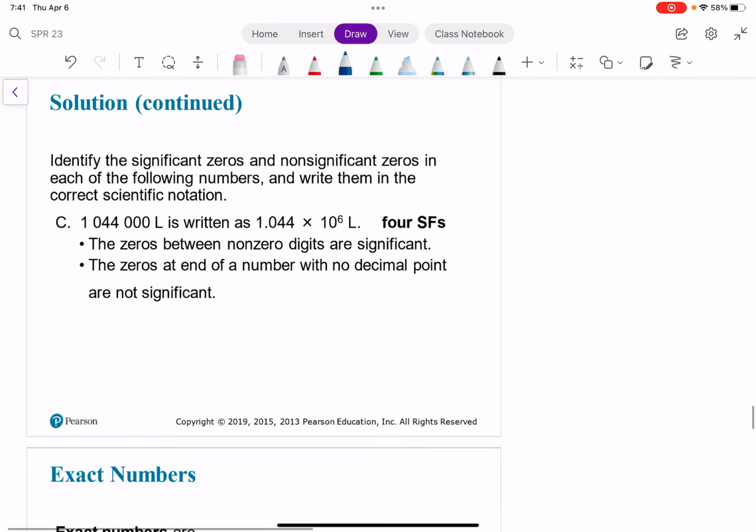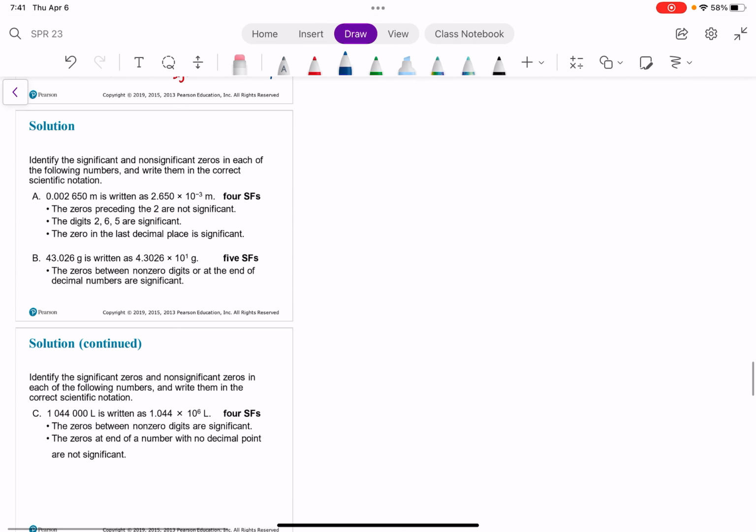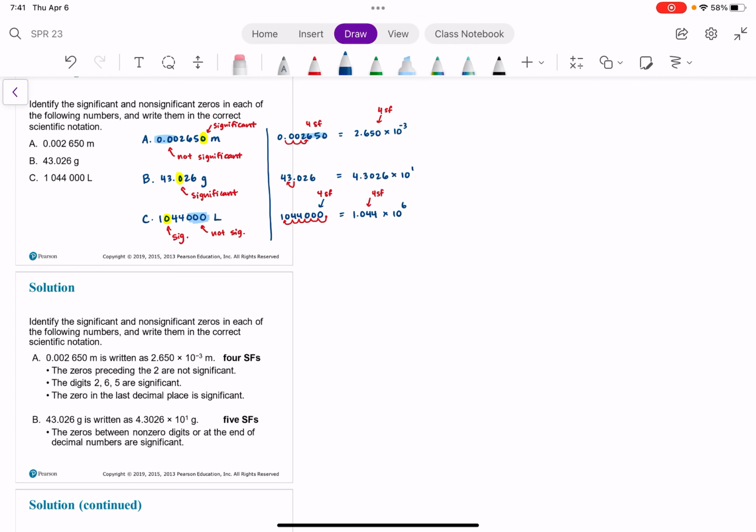These are just checking our answers. I guess we should probably check that my answers are correct. So 2.650 times 10 to the minus 3. Oh my gosh, I forgot my units, you guys. Why didn't anybody tell me? Okay, so the first one we got correct. That's great. The second one, we forgot to say how many sig figs we have. That's actually my bad. 1, 2, 3, 4, 5.